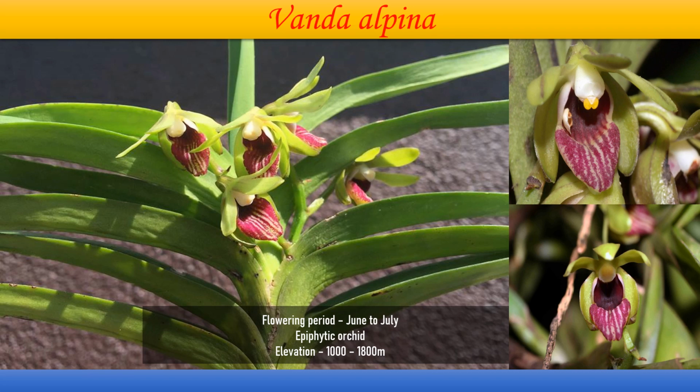So these are some of the characteristics of Vanda alpina, and the flowering period is from June to July, and the elevation is from 1000 to 1800 meter. Then in India it is mostly found in Manipur, Meghalaya, Mizoram, Nagaland, Arunachal Pradesh, Sikkim, West Bengal and Uttarakhand. So in this specific region you will find this particular Vanda species.